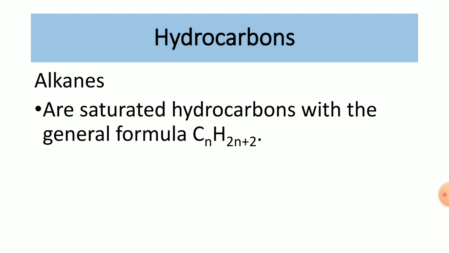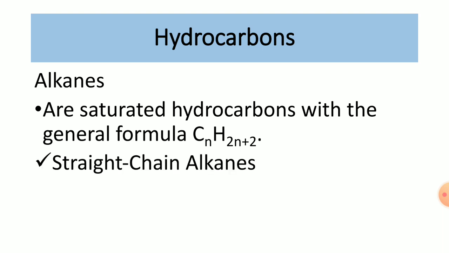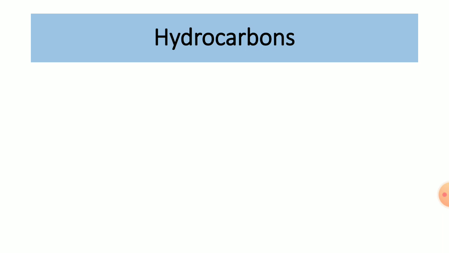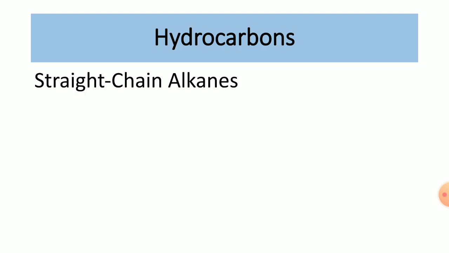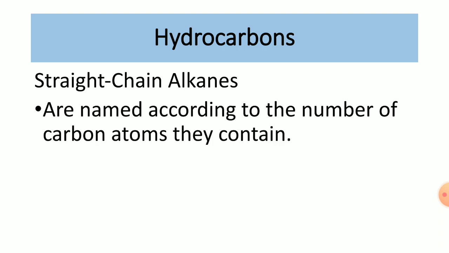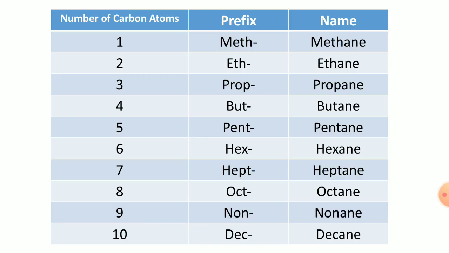So an alkane can exist as straight chain or branched alkanes. So let us discuss the straight chain alkanes. So straight chain alkanes are named according to the number of carbon atoms they contain. So let us look at the table which shows the first 10 alkanes.